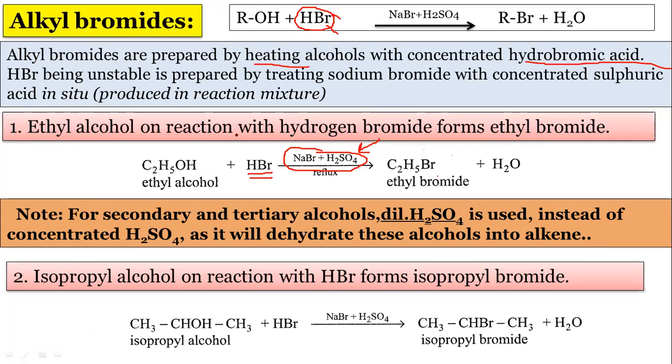Here for the primary alcohols we are using concentrated HCl, but for the secondary alcohols we have to mention dilute H2SO4, whereas in case of primary this H2SO4 is concentrated.